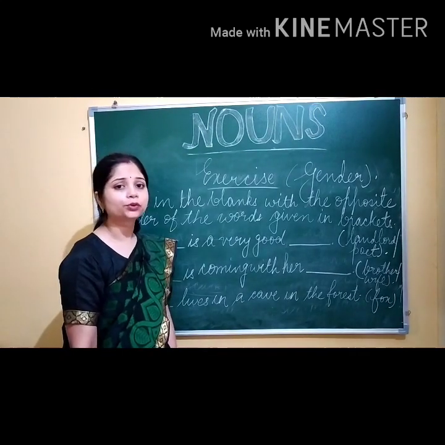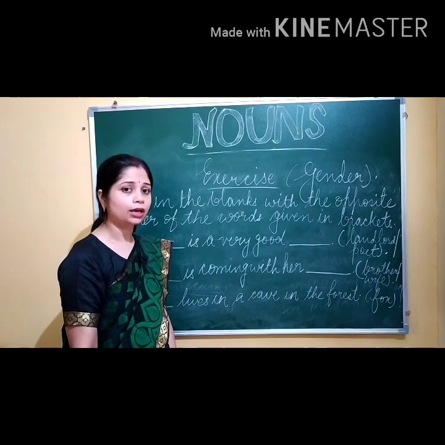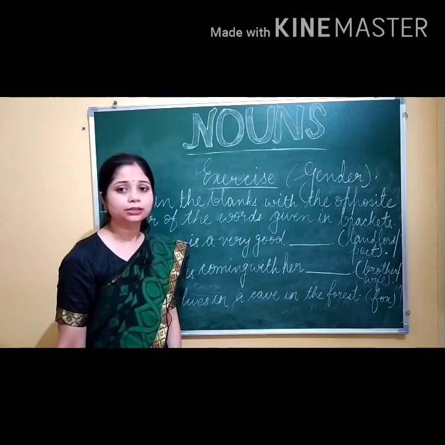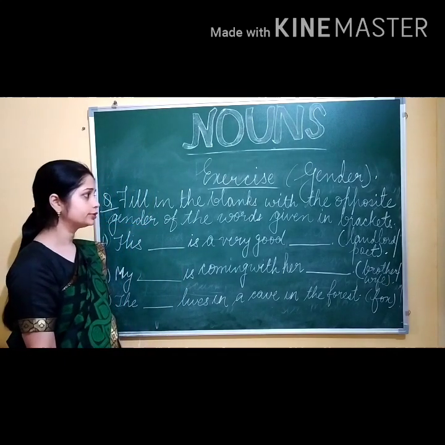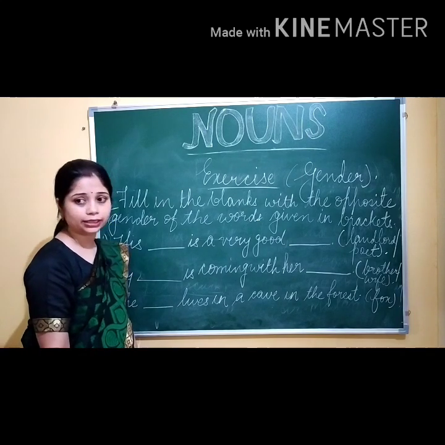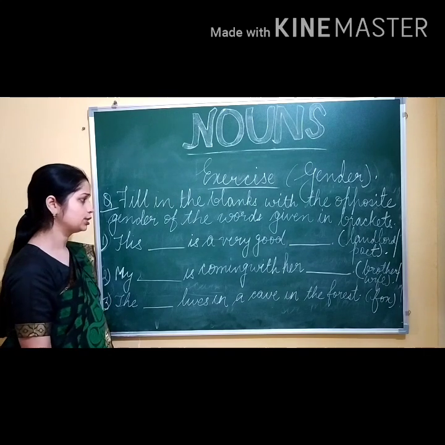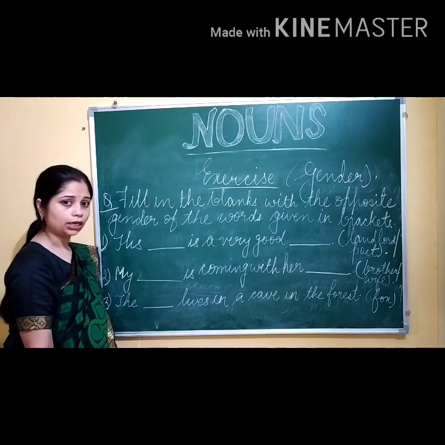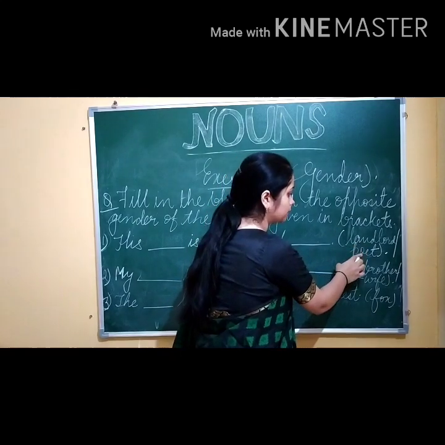Let's take up a few questions based on the rules which we have discussed about gender in nouns. The question is, fill in the blanks with the opposite gender of the words given in brackets. The first question is, his dash is a very good dash. In the bracket, the words are landlord and poet.